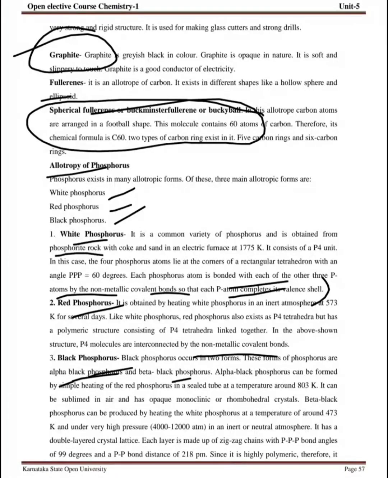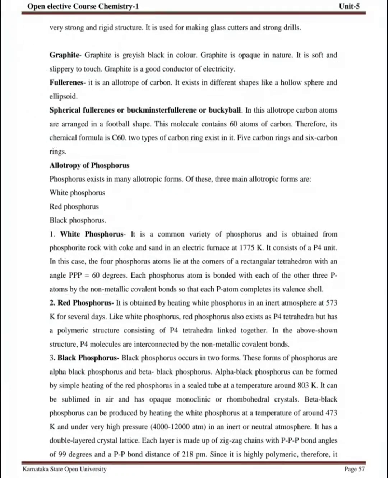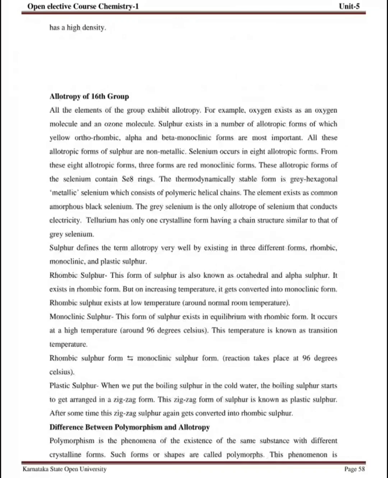These can be produced by heating white phosphorus at a temperature of 473 Kelvin. With a different temperature and with different atmospheric pressure, it can be created: alpha black phosphorus and beta black phosphorus. And next is the allotropy of the 16th group.